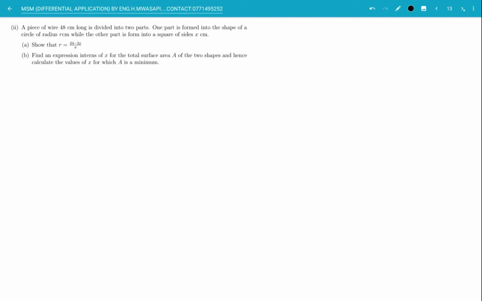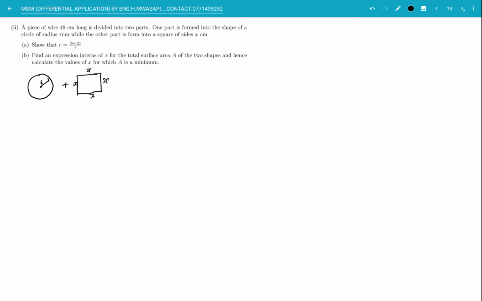With that in mind, we know that this wire has been folded into a circle of radius r and a square of sides x. But we know that a combination of these two is going to give us the total length of the wire, which is equal to 48.